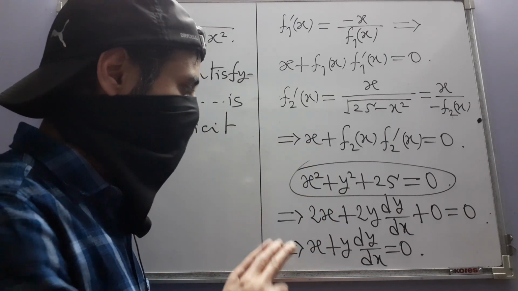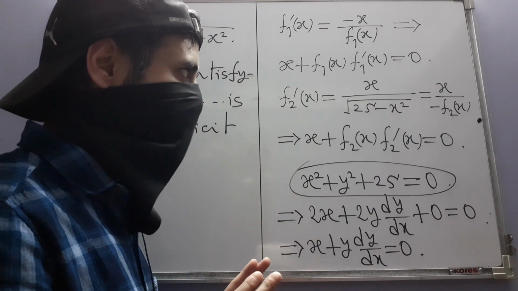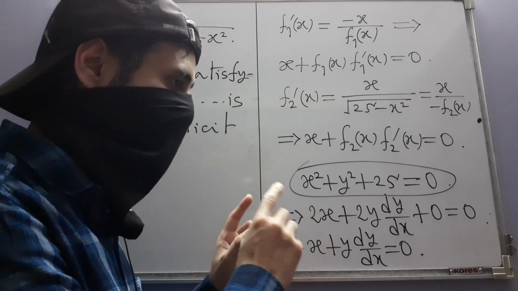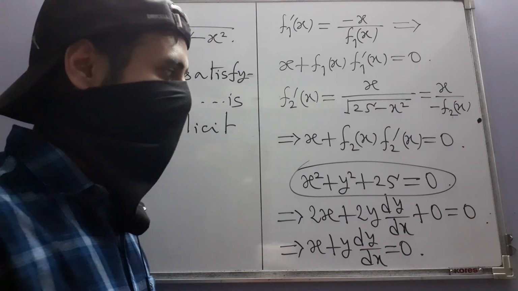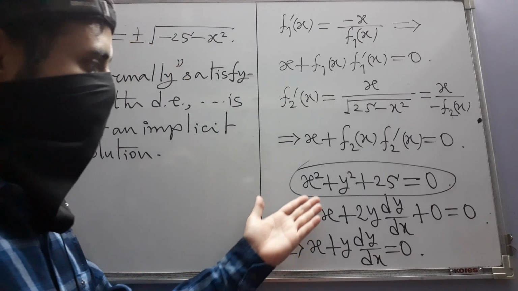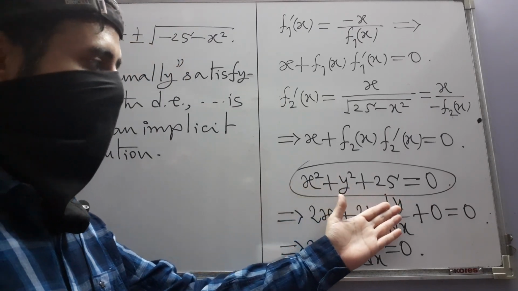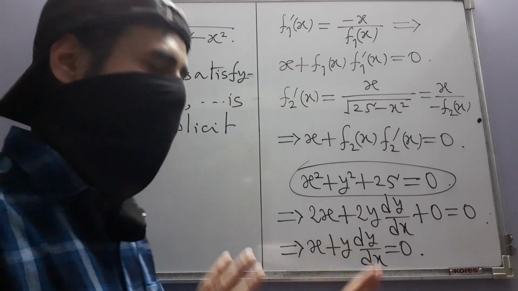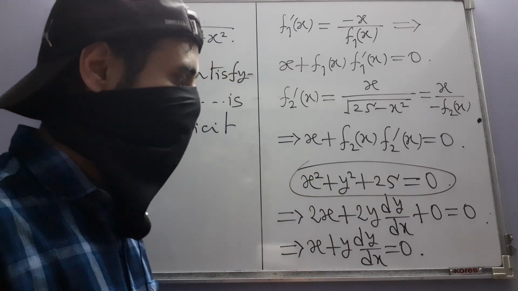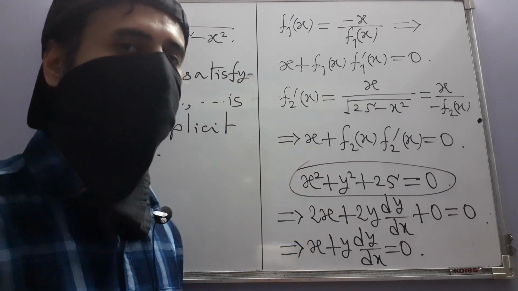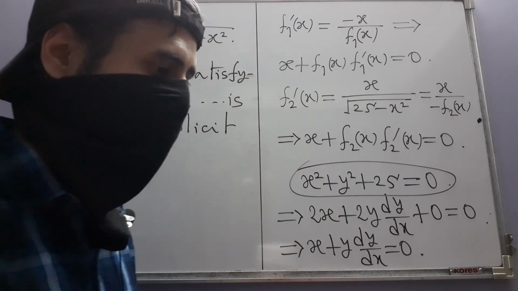Number two, an implicit solution which has at least one explicit solution hidden inside it. And number three, formal solutions, some of which really are not solutions, but when we find these solutions, some of them may be solutions. Okay.